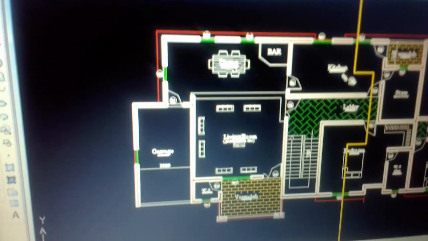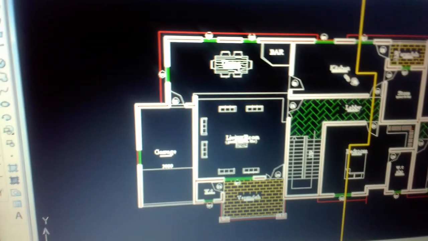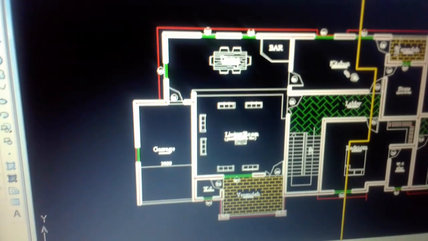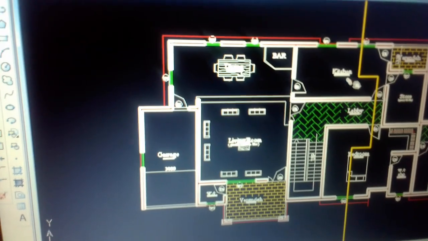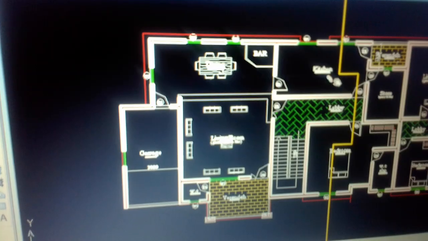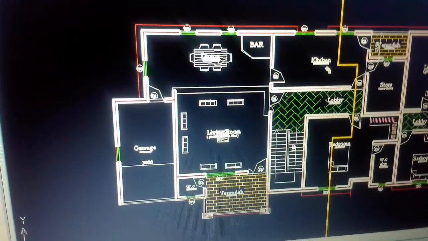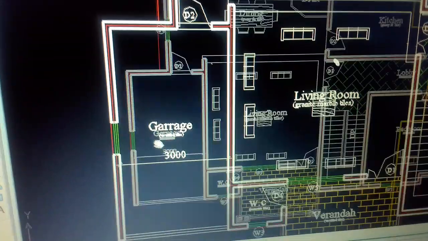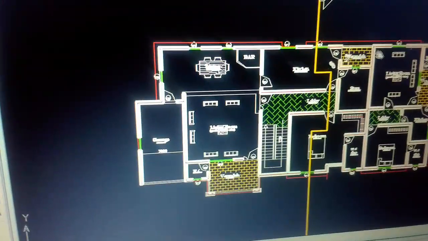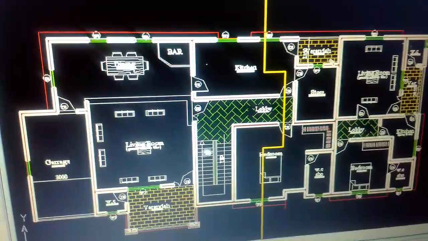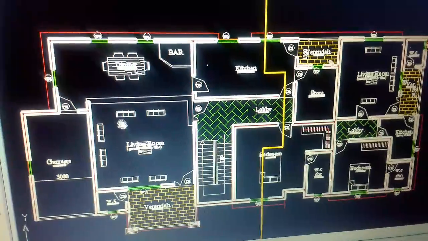The client printed it out, just like a picture, and sent it to you to design, and they say the client wants exactly the dimensions present there, of which the dimensions are not shown. The only dimension given to you is, let's say, one or two dimensions. So this one has only one dimension here, and you are told to get the exact dimensions of the rest of the spaces, which becomes a problem since it's a hard copy and you cannot dimension it out.